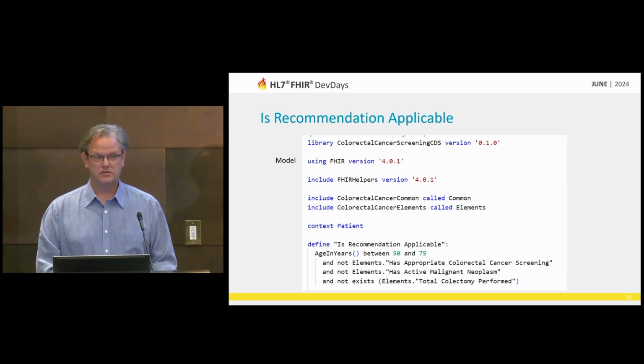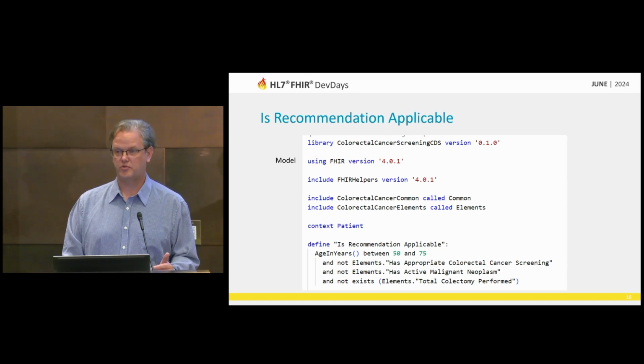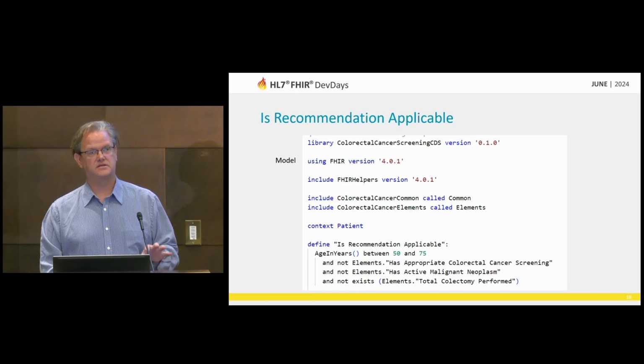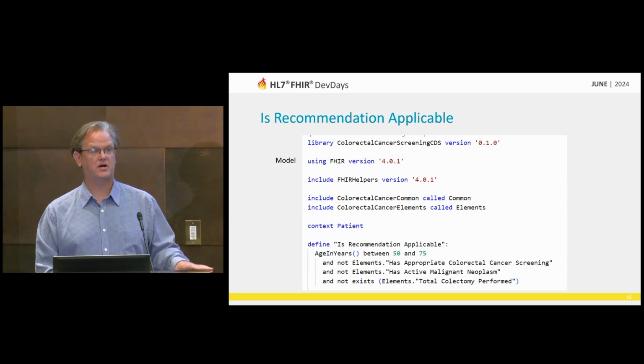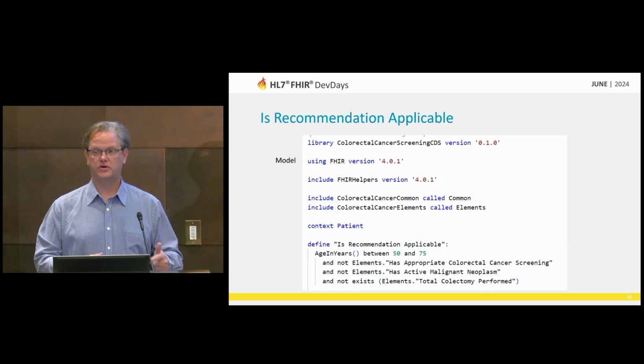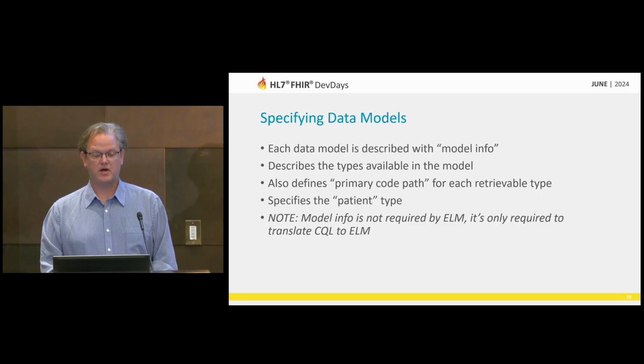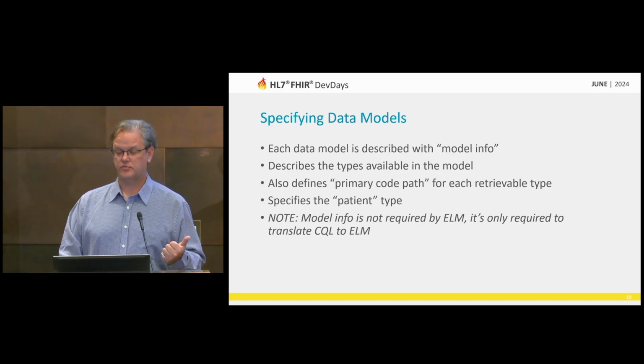Next is the model. So we're saying using FHIR version 4.0.1. CQL as a language is agnostic to the model. It doesn't care what kind of model you have. It just needs to know what the model looks like. So it can validate that when you ask for patient.gender, gender is actually an element of the patient. So each data model is described with a model info. That model info tells the translator and the environment what that data structure, what types are available in the model, what the primary code path is, so how you actually, we'll get into that on the retrieve.